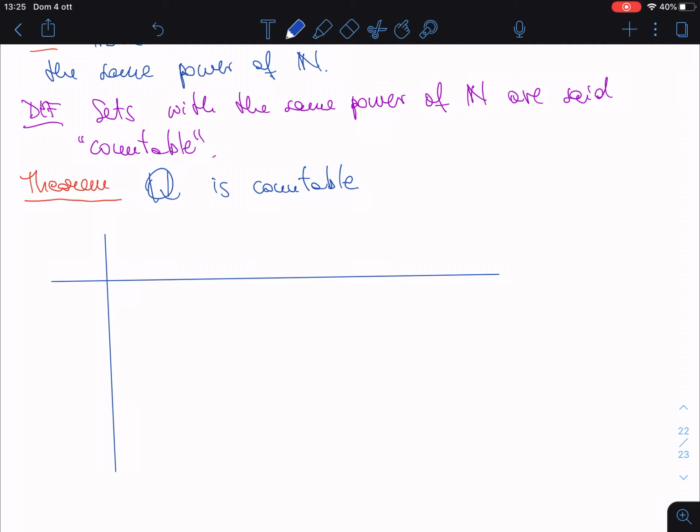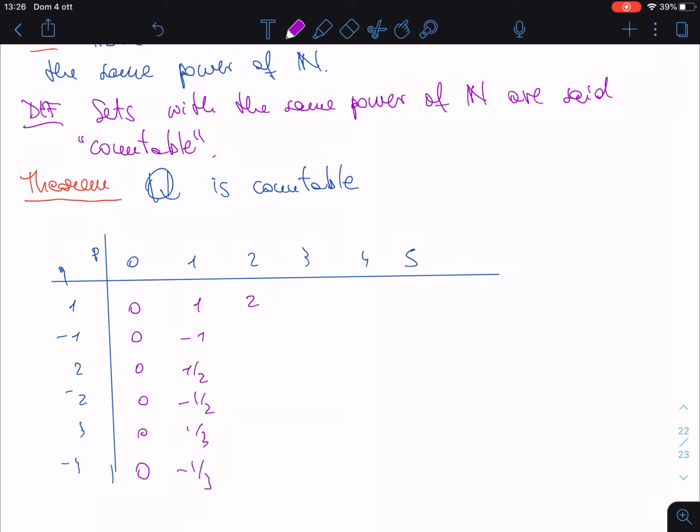And again, here we have the p, here we have the q's, and so here we have 0, 1, 2, 3, 4, 5, and here you have 1, minus 1, 2, minus 2, and so on and so on, 3, minus 3. So in the first column you always have these zeros. Here you have 1, minus 1, 1 half, minus 1 half, 1/3, minus 1/3, and so on.